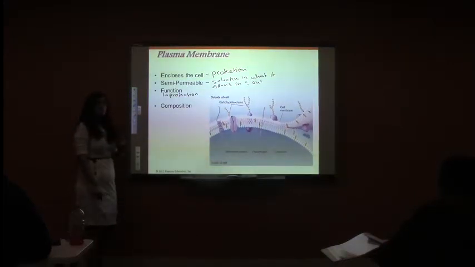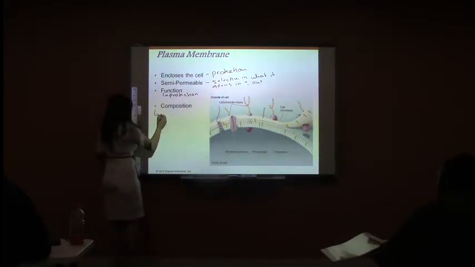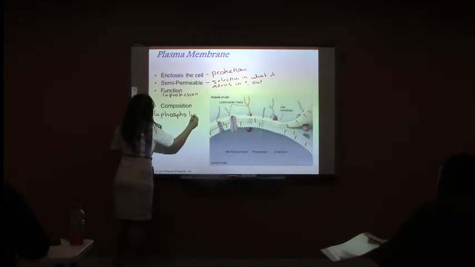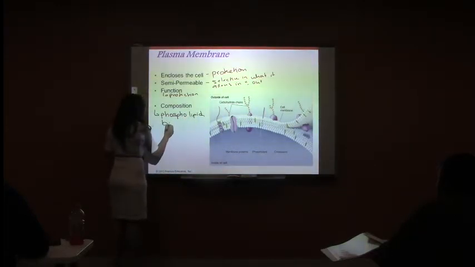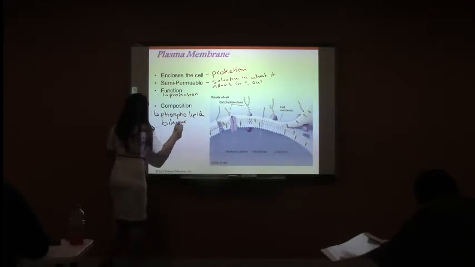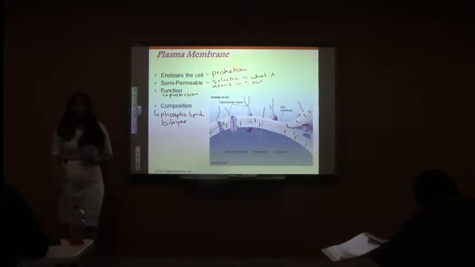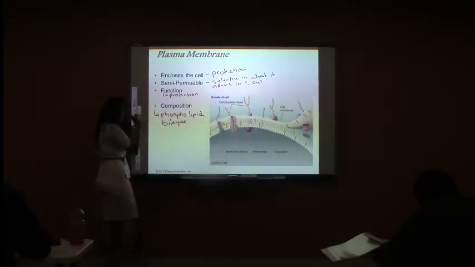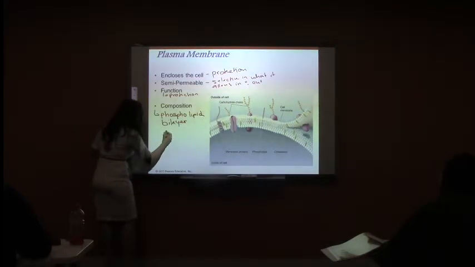Composition. What is the composition of a plasma membrane? It's said to be a phospholipid bilayer. Phospholipid bilayer, meaning there are 2 layers of phospholipid. So one molecule of phospholipid looks like this.